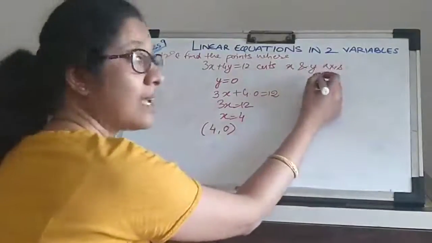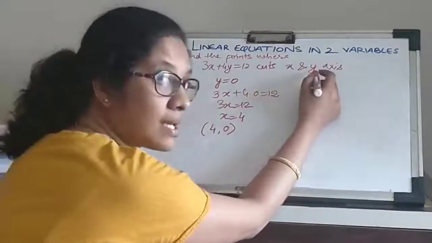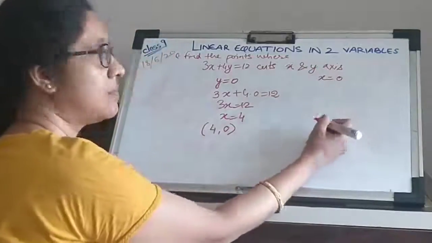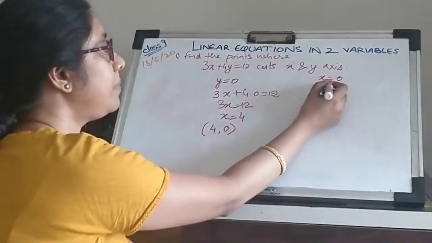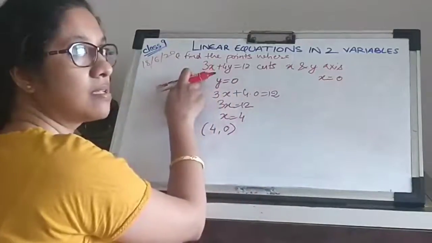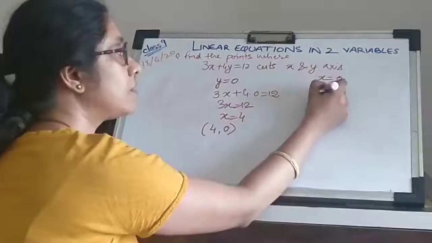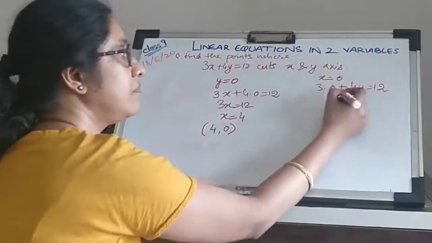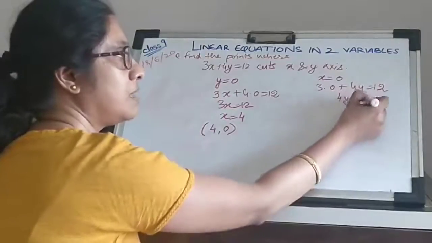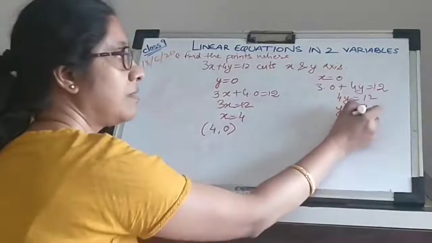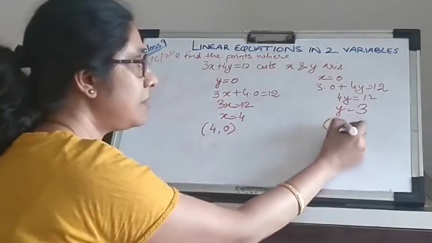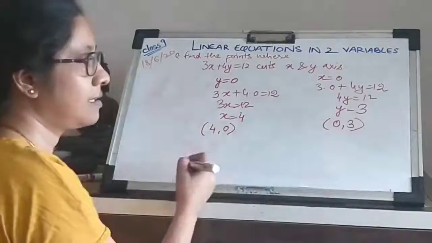Now, at the point where this line cuts the y-axis, the x-coordinate will be 0. So I simply put x equal to 0 in this equation and get the corresponding value of y. That comes out as 3. So the coordinates are (0, 3).